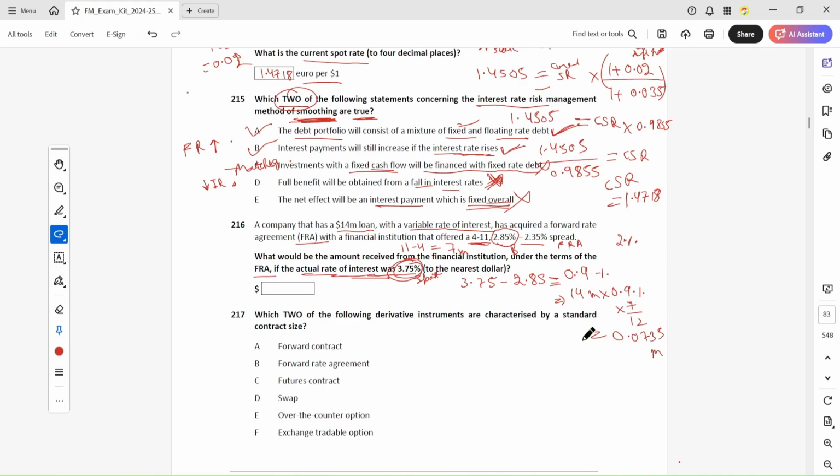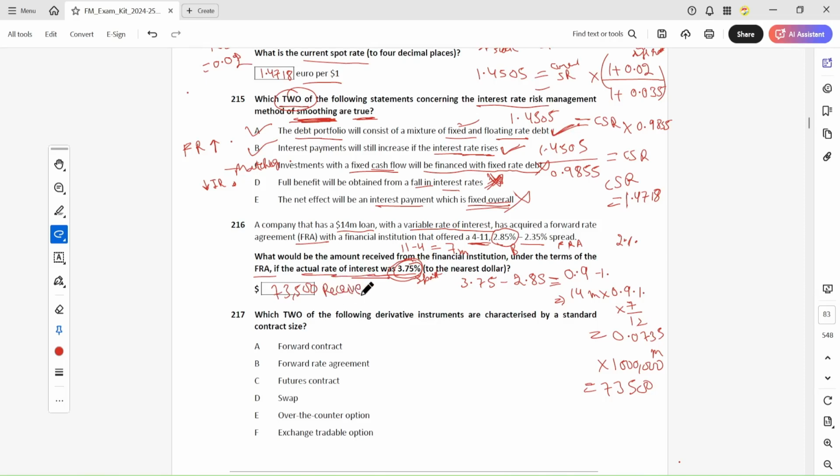When we convert it into the full digit, how much? 73,500. Okay, $73,500. This amount we will receive from the bank.